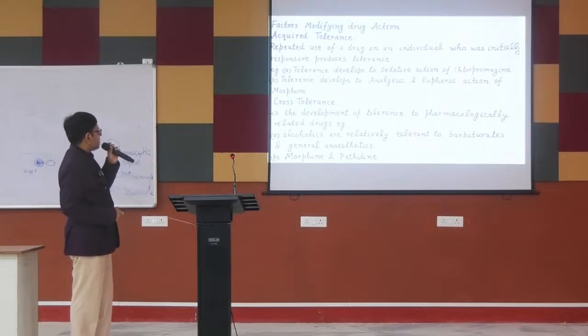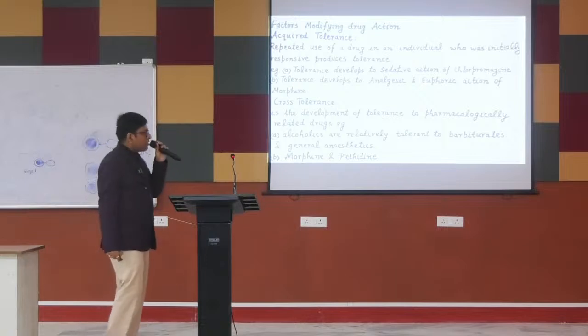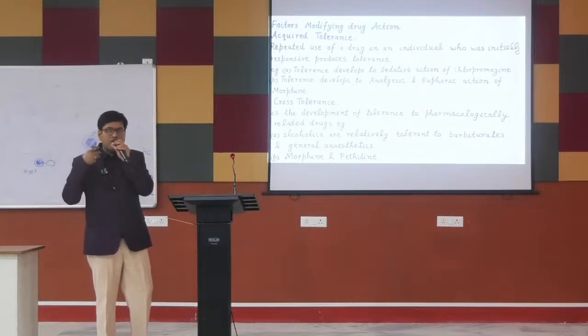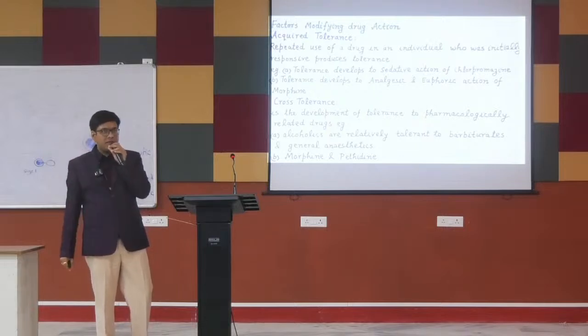It has a sedative side effect. That effect gradually reduces as you go on giving the drug to a patient. Similarly, there is another analgesic called morphine. It reduces pain, but that pain reducing action also gradually reduces if you continue giving the patient that drug. So this is called tolerance. You continue to give a drug to a patient, and the effect of the drug in that patient will gradually decrease.